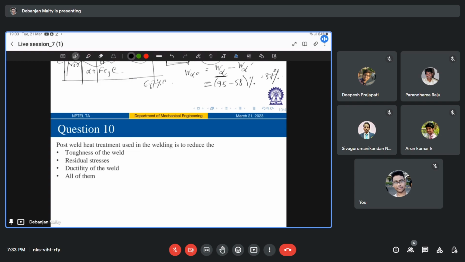In ferritic steels, hydrogen embrittlement occurs at temperatures close to ambient temperature, and cracking is very much susceptible there, right? So you have to do some post weld heat treatment, like the heat treatment processes.